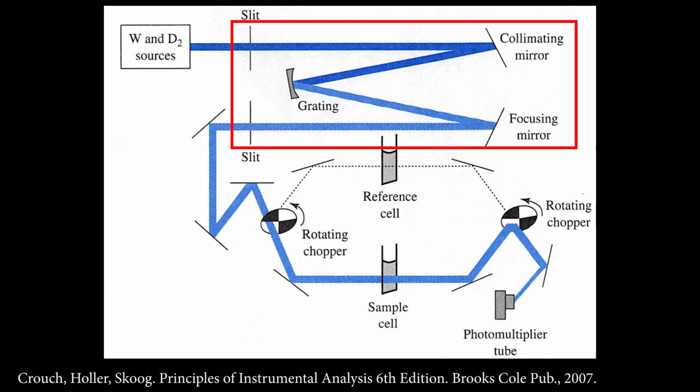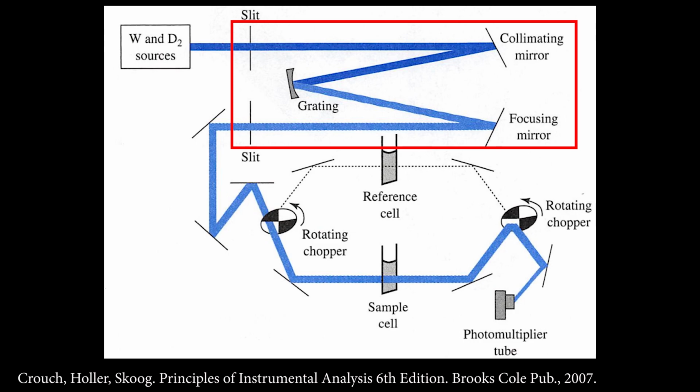So this arrangement, the first slit, the collimating mirror, the grating, the focusing mirror, and that second slit, that is the monochromator. In the previous block diagram, we just sort of represented that as a block. But now we're seeing how it actually does it. It pulls in white light, collimates it, and then the grating spreads it into the different wavelengths.